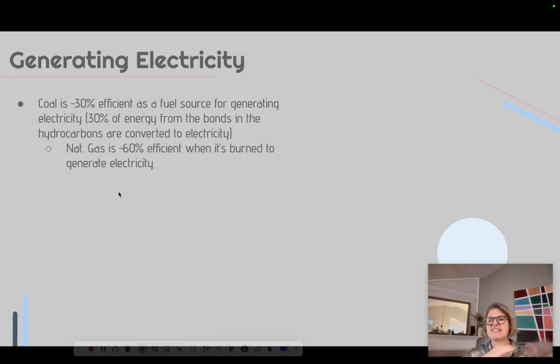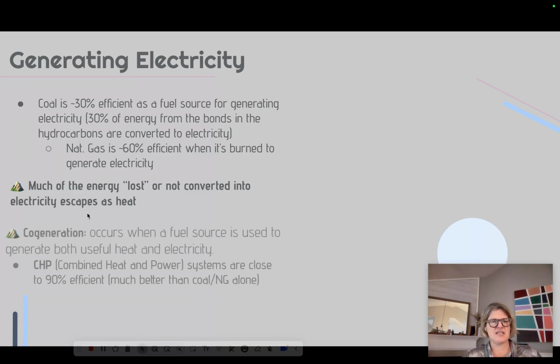We can actually collect 60% of the energy that is available in that natural gas. But most of the energy is going to be lost as heat. Okay. And so we can have these combined heat and power systems where we're collecting all of the heat to help heat up that water.